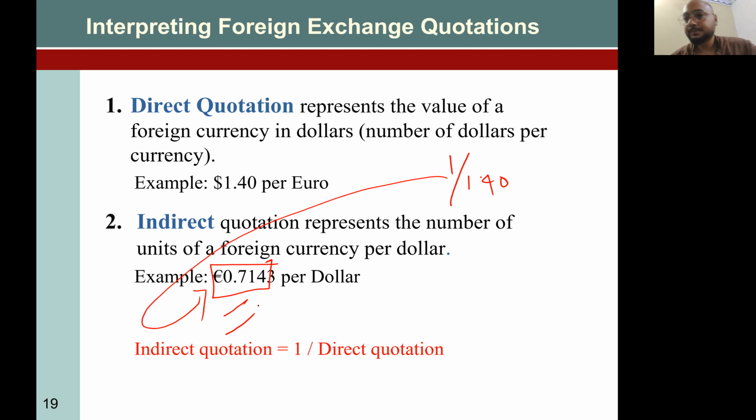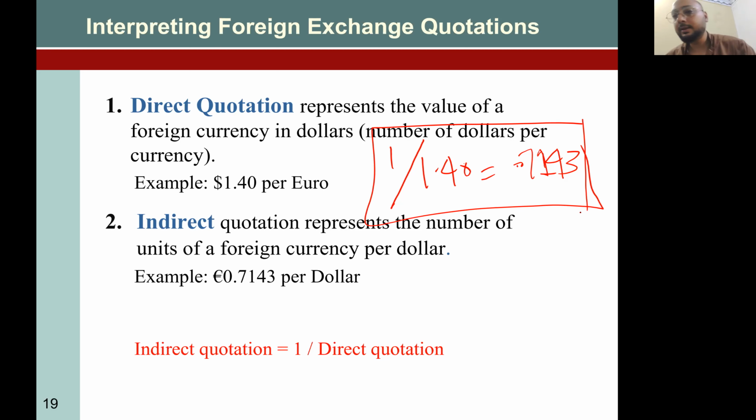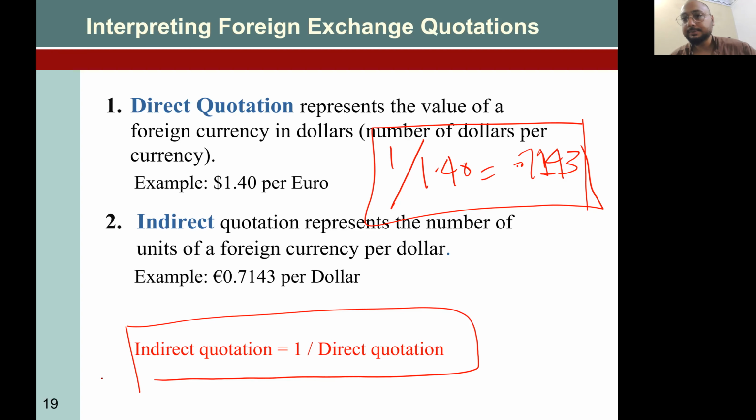Yes. Ruchi, Oliver, did you confirm that? Yeah, got the same. Good. So it means there is an inverse relationship between direct and indirect, right?